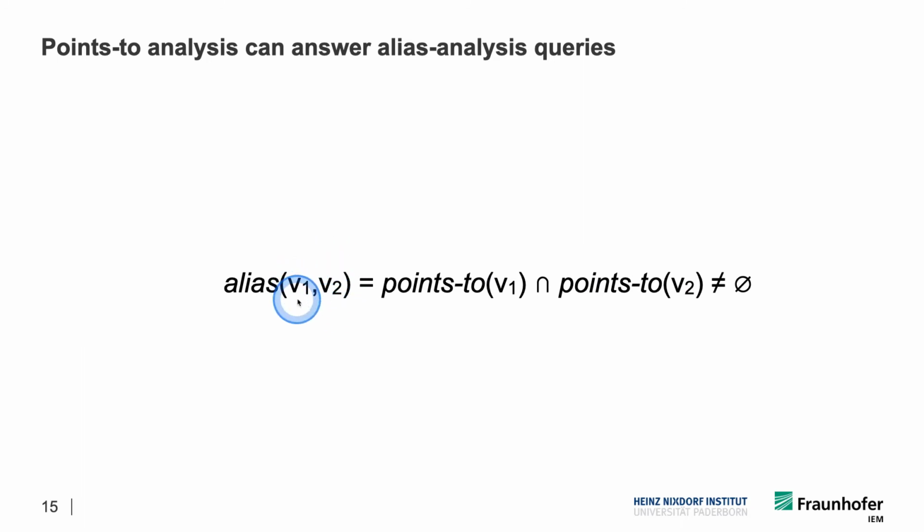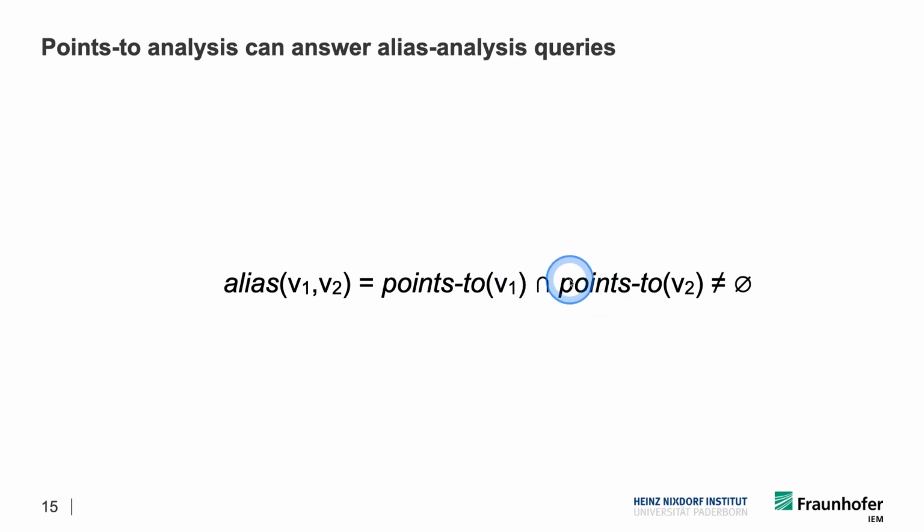And this at least holds for flow insensitive may alias queries, right? So if we are asking the question, may v1 and v2 ever point to the same object anywhere in the program, then you can compute this as follows. So you compute the points-to set of v1, which gives you a set of allocation sites. You compute the same for v2, which gives you another set of allocation sites.